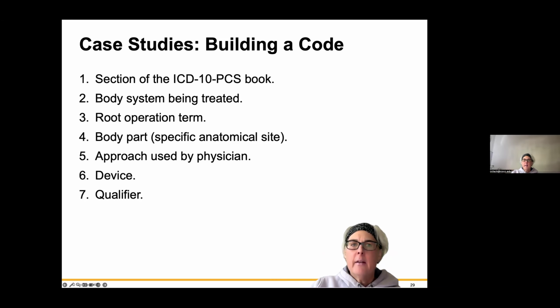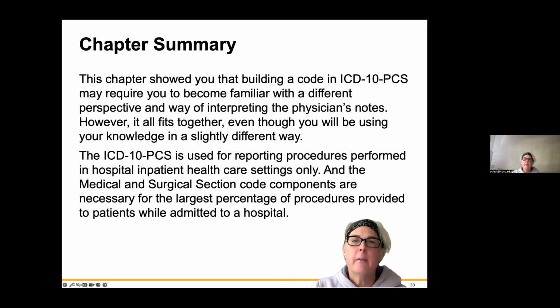So once again, you're looking at the section of the PCS book. You're looking at the body system being treated, the root operation term, the specific anatomical body part, the approach, the device, and the qualifier.